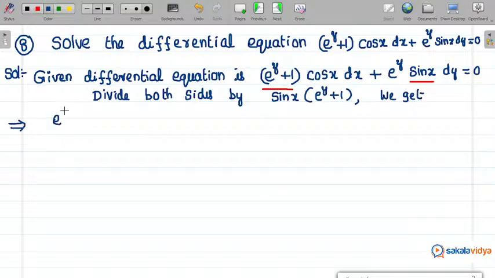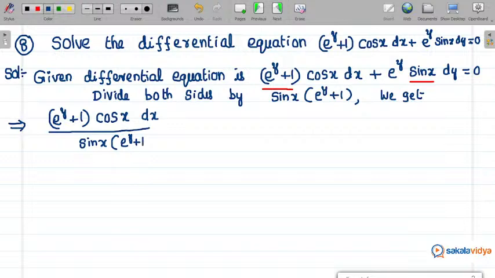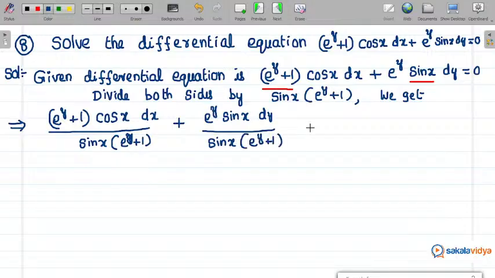What do we get? (e^y + 1) cos x dx divided by sin x into (e^y + 1), plus e^y sin x dy divided by sin x into (e^y + 1), equals 0.